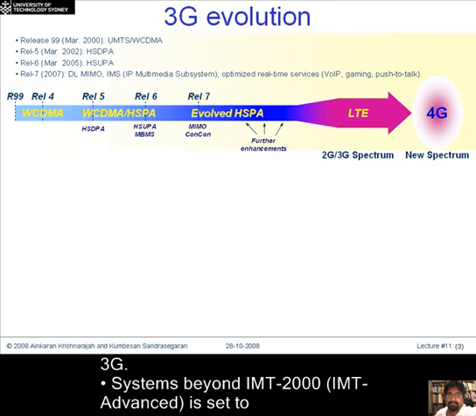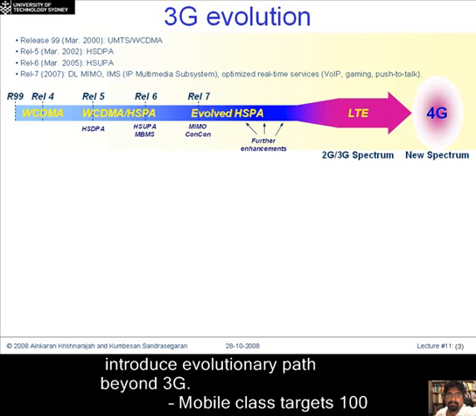We looked at the network architecture of UMTS in the third lecture, and so forth. And subsequently, I think 2 weeks ago, you had a look at both HSDPA and HSUPA, release 5 and release 6.